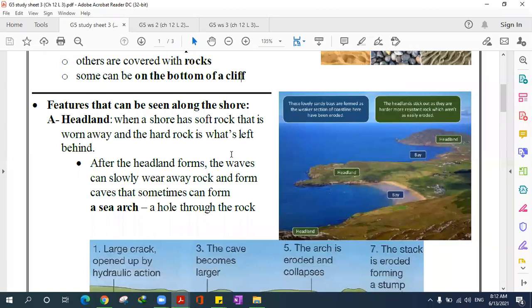The headland is the part of the land where the soft rocks have been weathered or broken down, and we're only left with the hard part. You already learned about weathering and erosion in term 3, when water and wind start breaking down the rocks into smaller pieces.